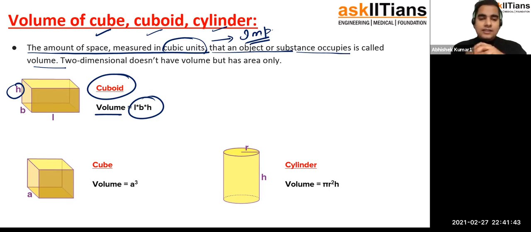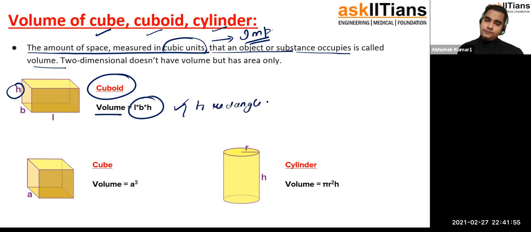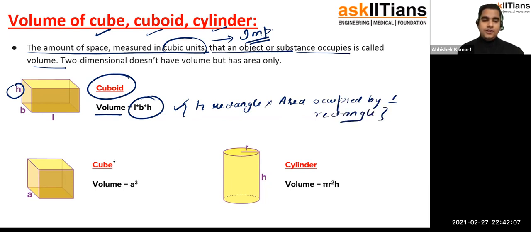And that's how we get this L into B into H. I am writing here, that is H rectangles multiplied by the area occupied by one rectangle. Clear? Similarly, if you talk about cube, what are we doing?